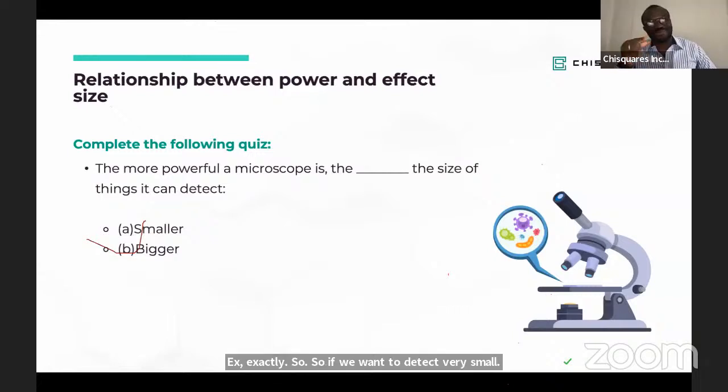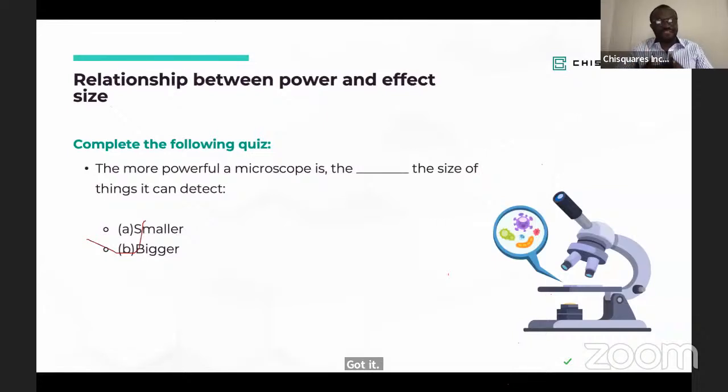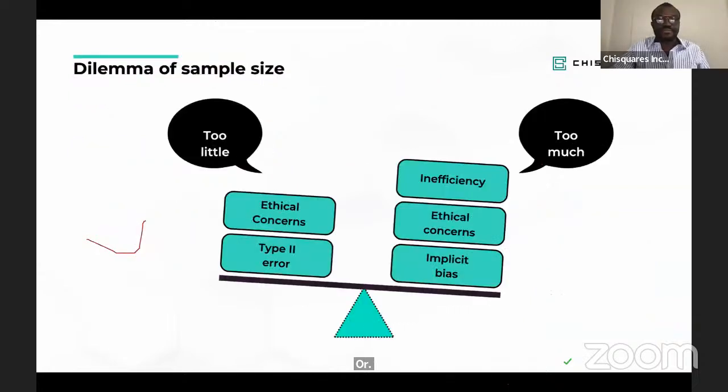So if we want to detect very small differences, that means we need a very powerful study. The smaller the differences we want to detect, the more powerful our study must be, or the bigger the sample size our study will have to be. So that is something we have to keep in mind.